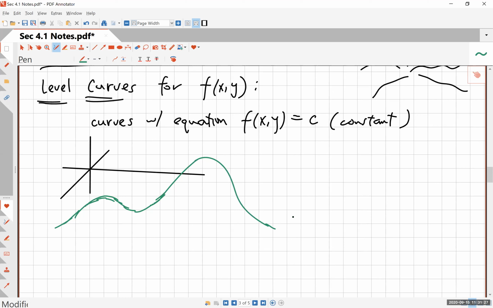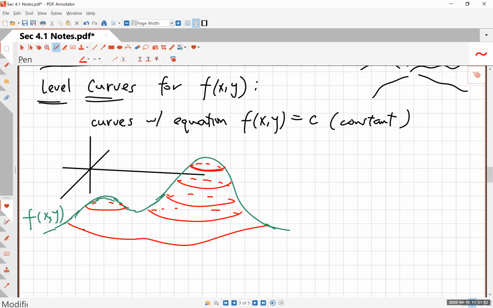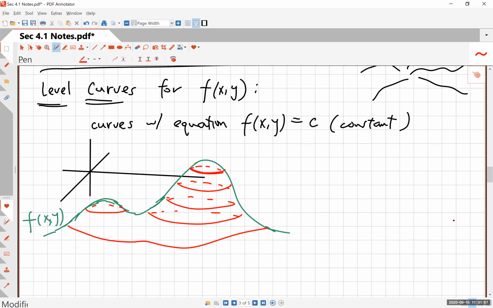Just imagine the graph of this f of (x, y) looks like two hills, one small mountain, one tall mountain. And if you slice them at particular z levels, maybe here z is equal to 5, 4, 3, and then maybe 2, you have two separate curves here. And then for 1, maybe you have one like this. All of these curves are called level curves. Now, this is, of course, your x, this is your y.